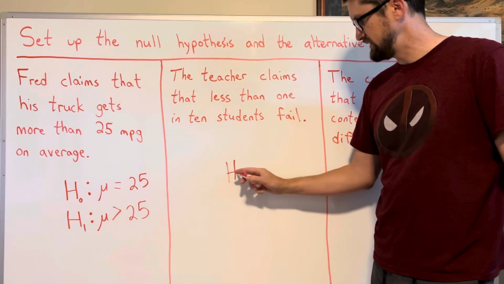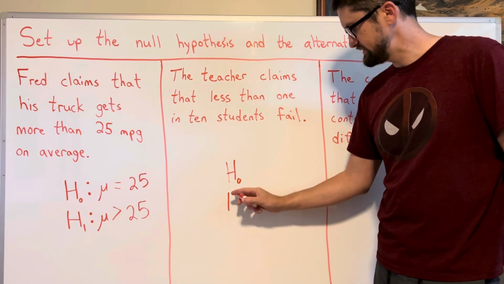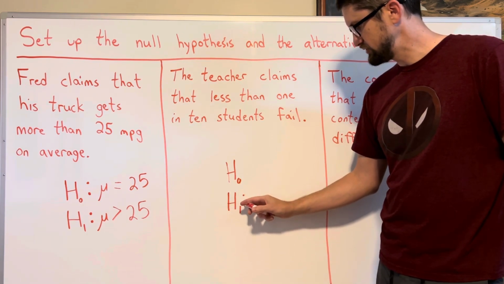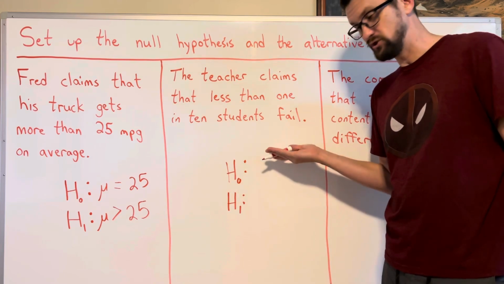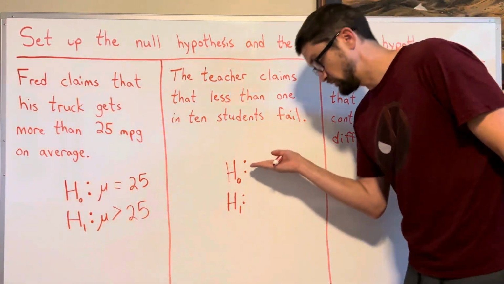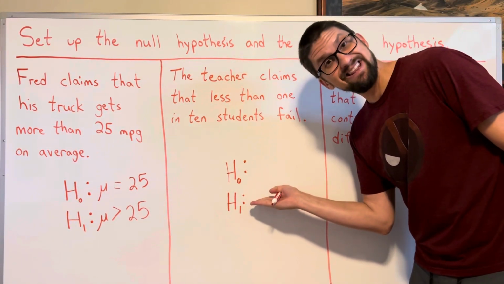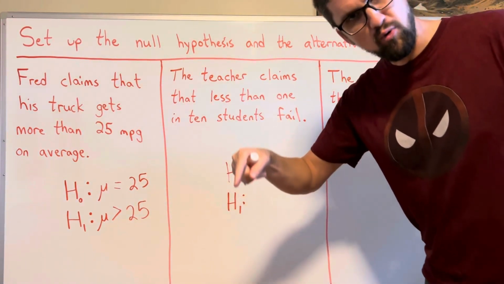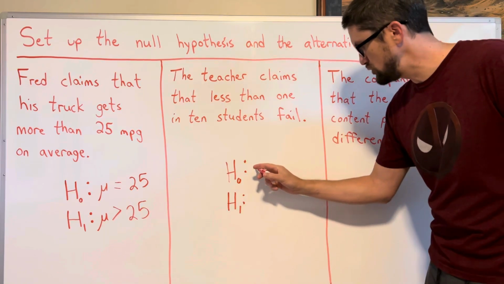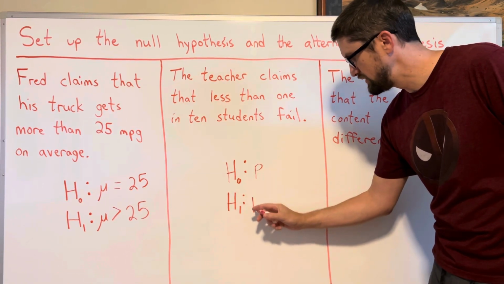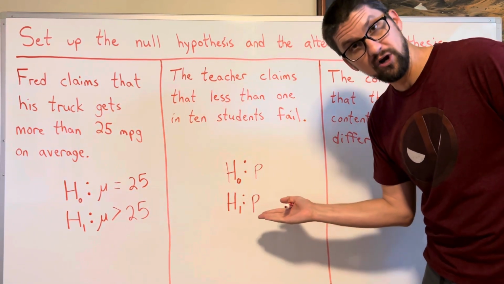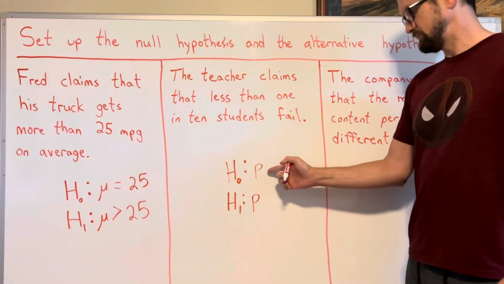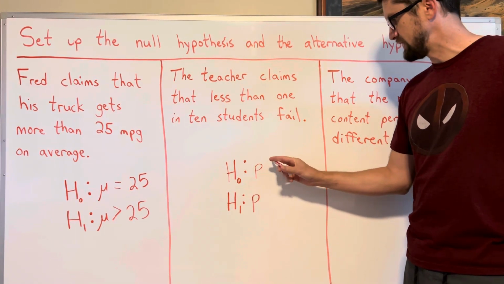All right, so we have the null hypothesis and alternative hypothesis. It's always set up like this, with the null hypothesis up top and the alternative on the bottom. Now this one's dealing with a proportion. So we're going to use P for these two. Now the null hypothesis always has an equal sign.